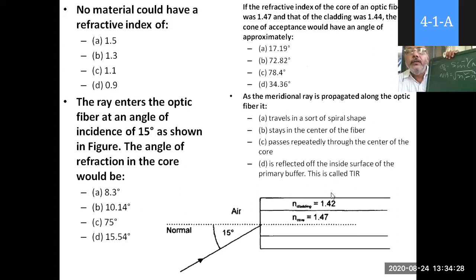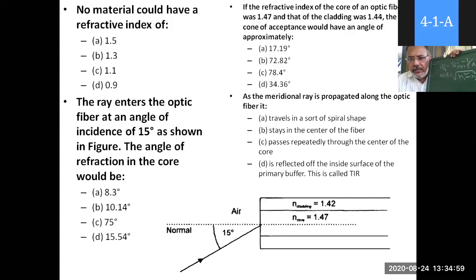So next, a very simple theoretical question. Which one is correct?